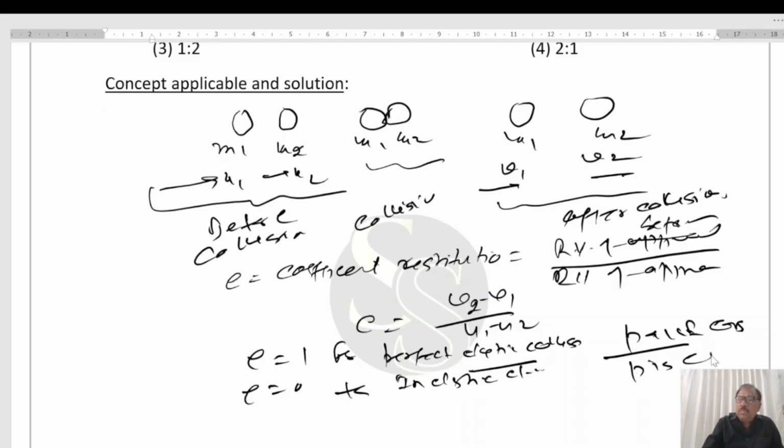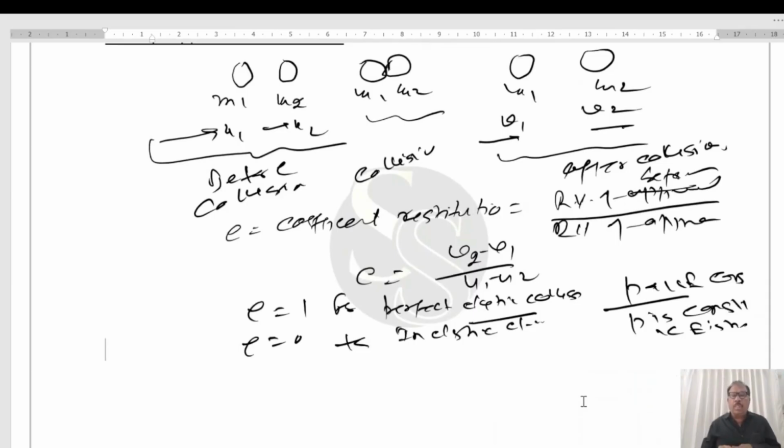Momentum is conserved, kinetic energy is not conserved. Otherwise, e is between 0 and 1.